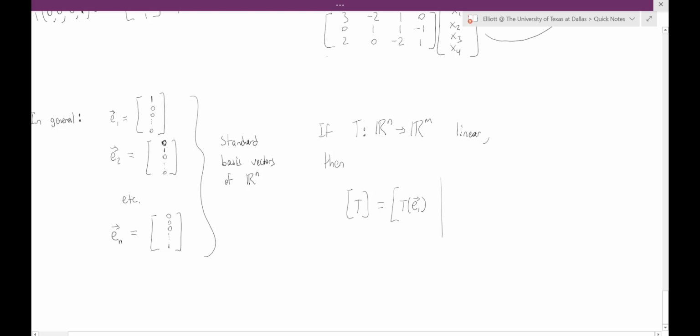The second column will be the transformation applied to vector E2, and so forth. All right.